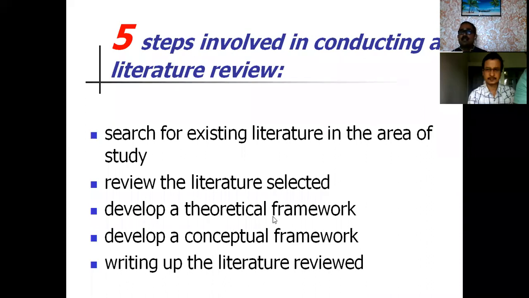Develop a theoretical framework, develop a conceptual framework, and write up the literature reviewed. Only after making the theoretical and conceptual framework of that particular literature will you be able to write your review.